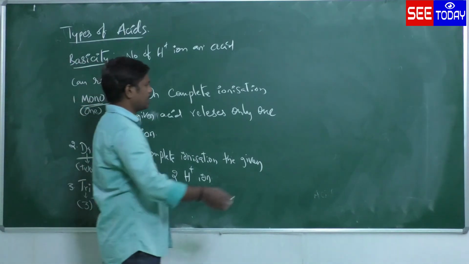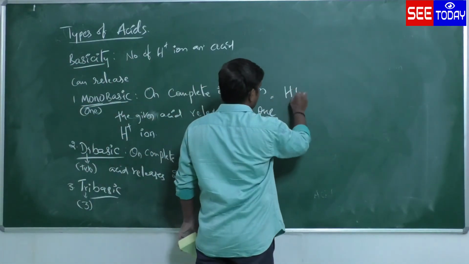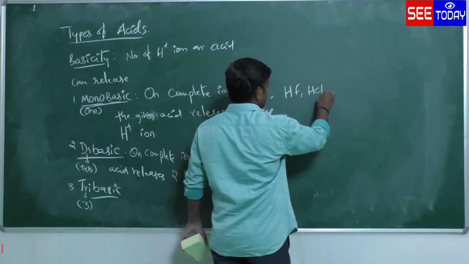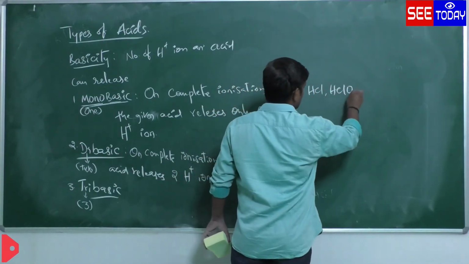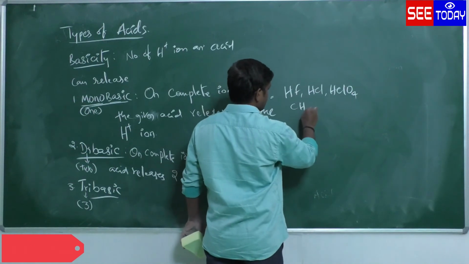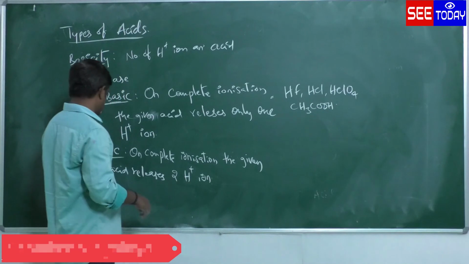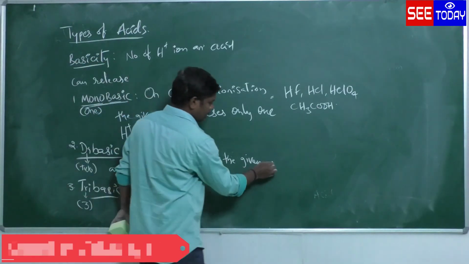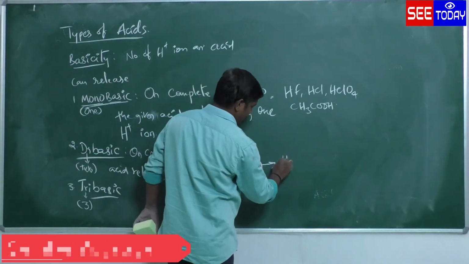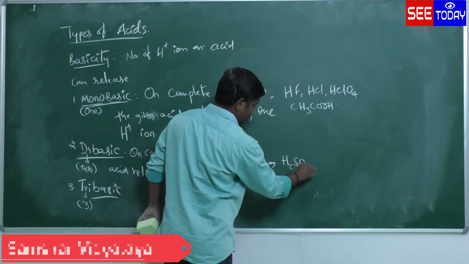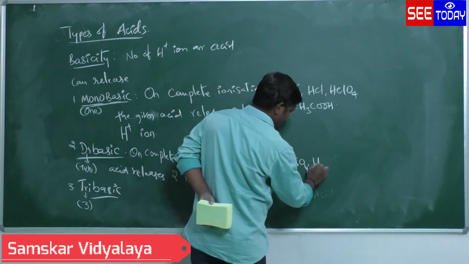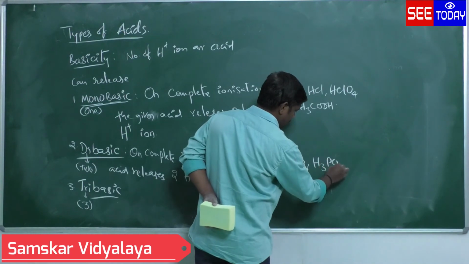So monobasic examples you can take HF, HCl, HClO4 and CH3COOH. All these are monobasic acids. And the next, dibasic acids examples you can take H2SO4, H3PO3.